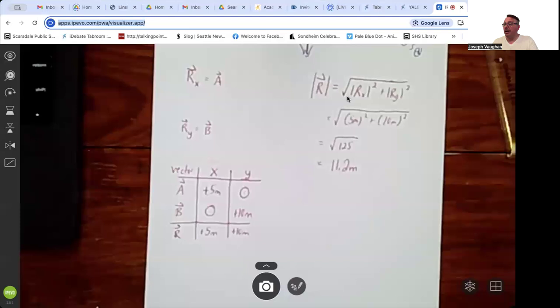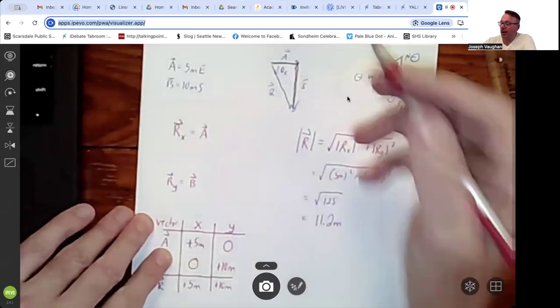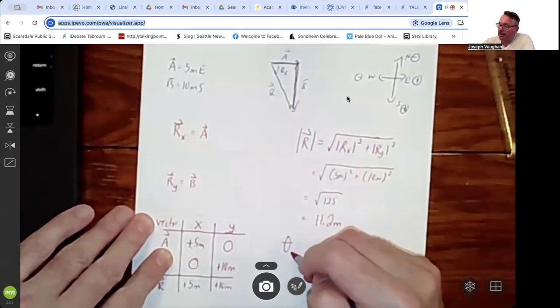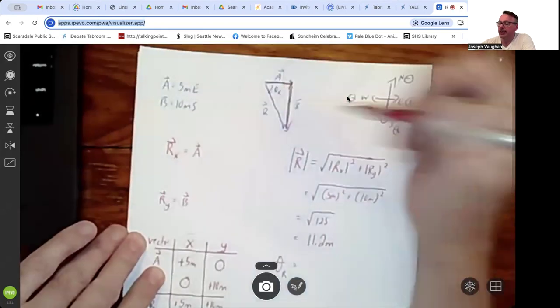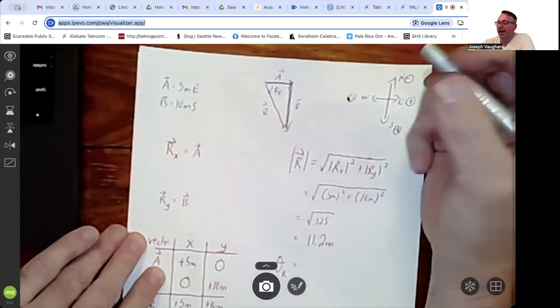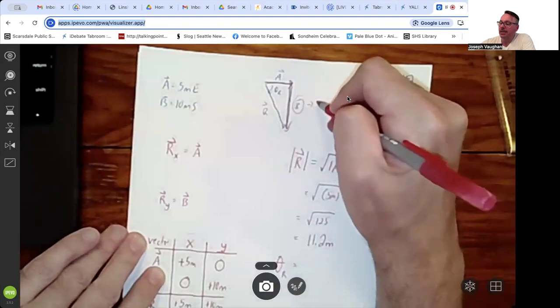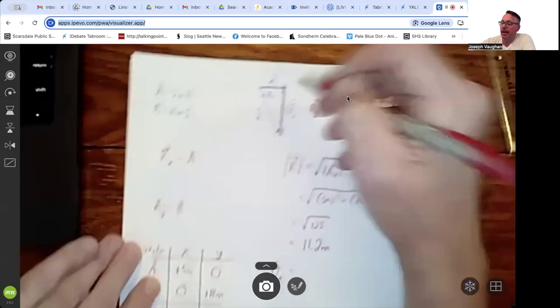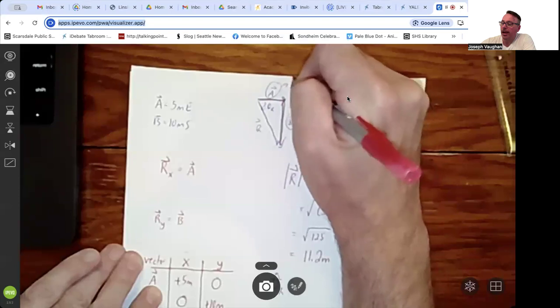Great. But I'm not done. I also need to find this direction. So that direction is theta r. Looking at this, what do I have? Well, remember that B in this case is the same thing as Ry, and A is the same thing as Rx.